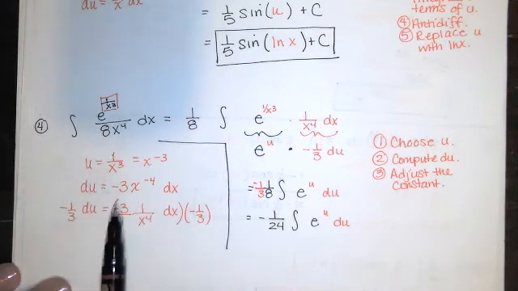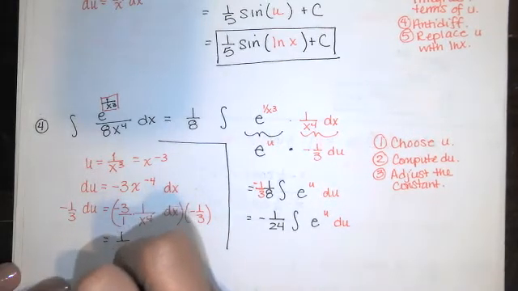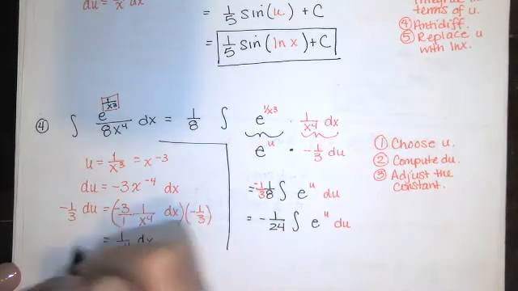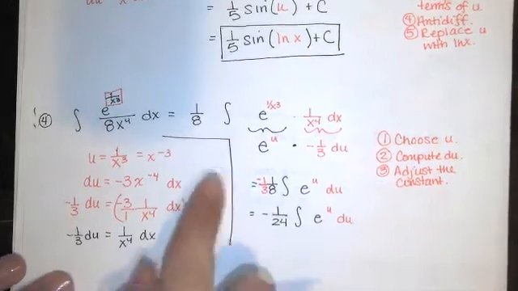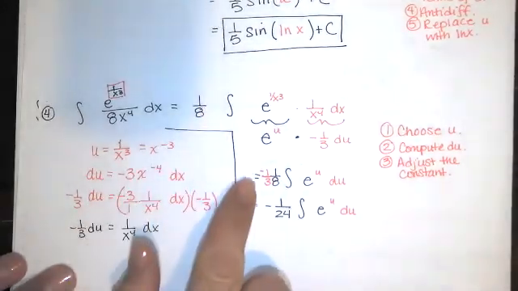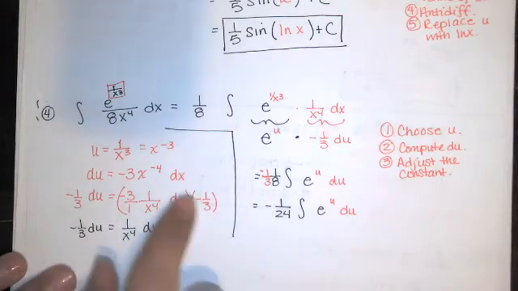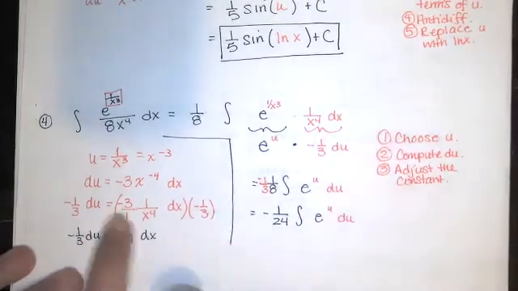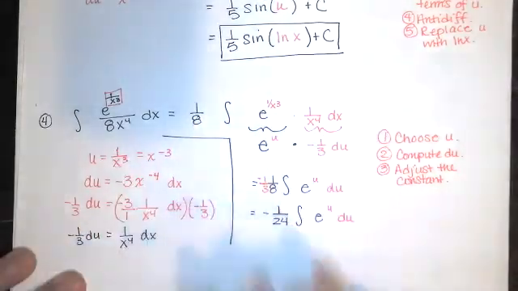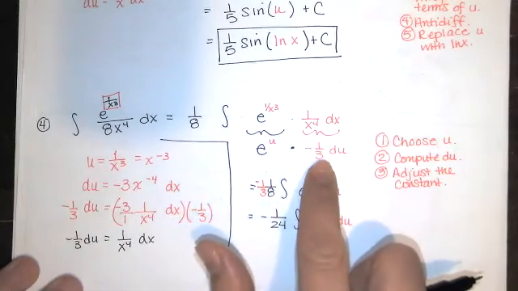So what I do instead is I get this function by itself. So I get that 1 over x to the 4th dx by itself. And I factor out any constants. And then that constant times that constant gives me that perfect constant to get rid of that constant over there. Anyway, so we adjust the constants as necessary just to make the substitution easier. So I want to replace that with -1/3 du.